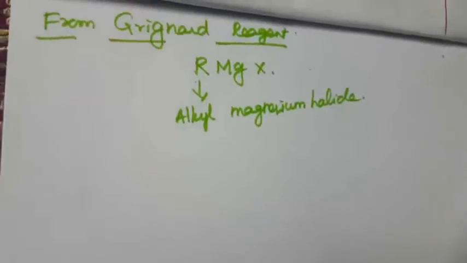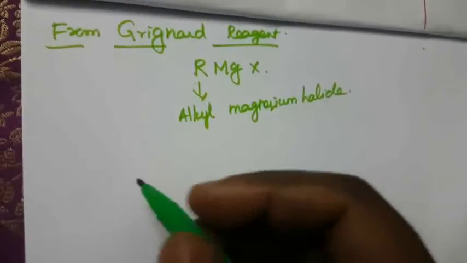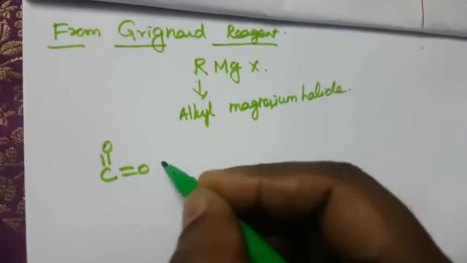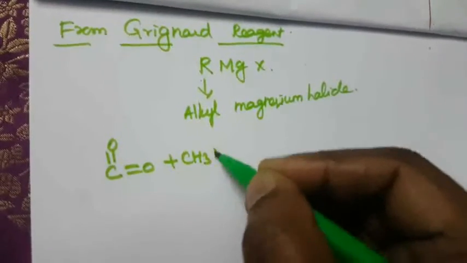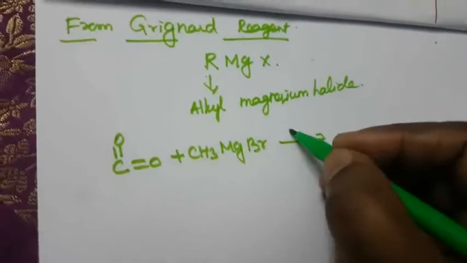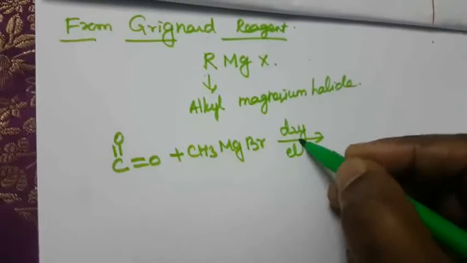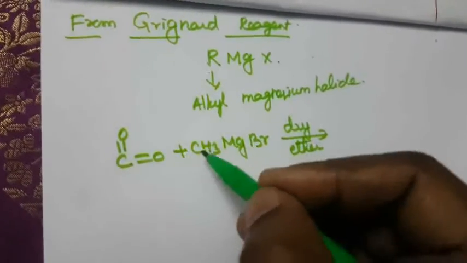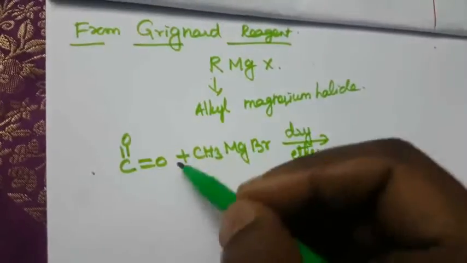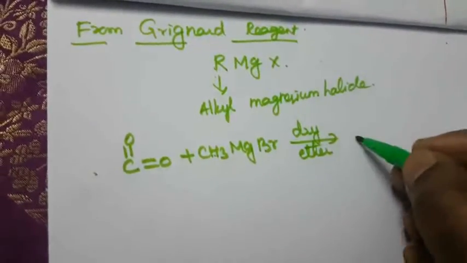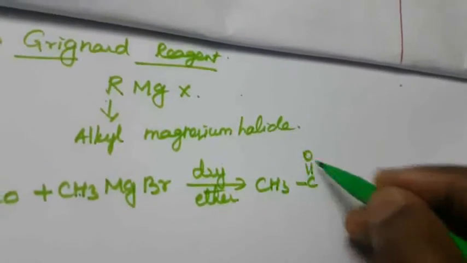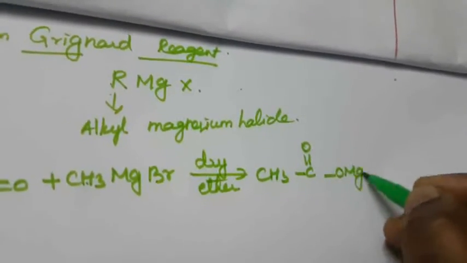First, how it is prepared from acetic acid: we take carbon dioxide, and here methyl magnesium bromide, a Grignard reagent, in the presence of dry ether. On one side CH3 comes and attaches to the carbon, giving CH3 C double bond O, OMgBr.